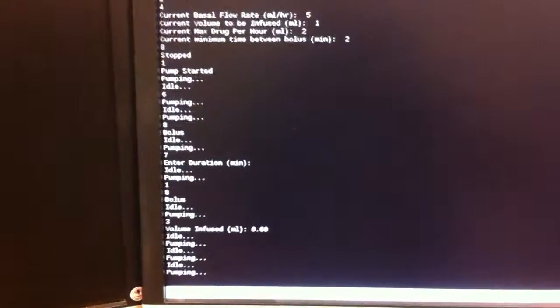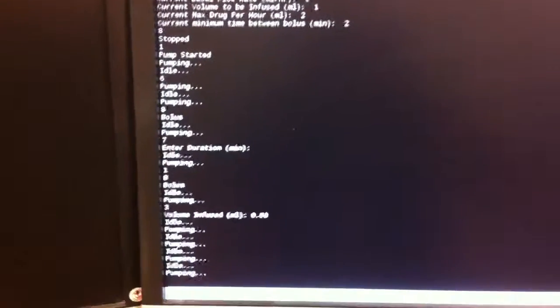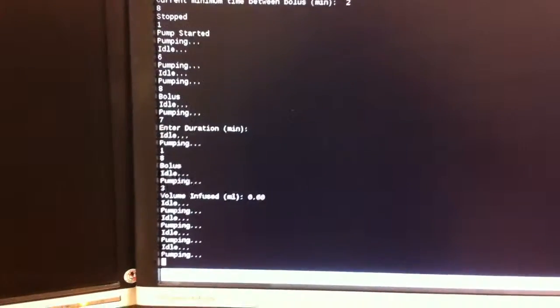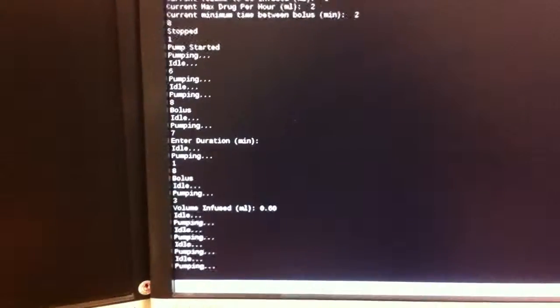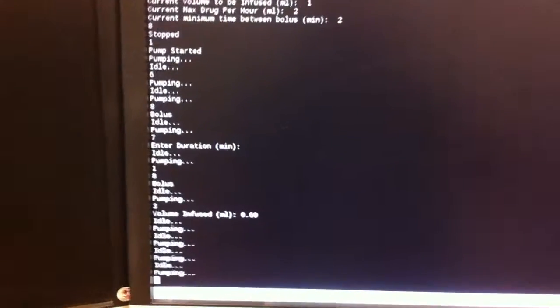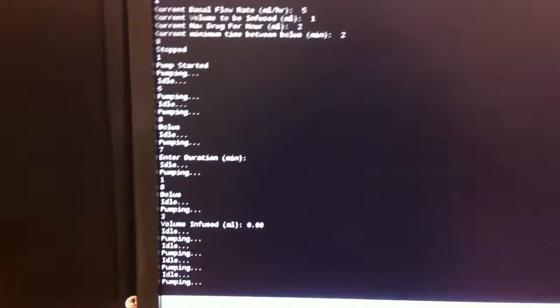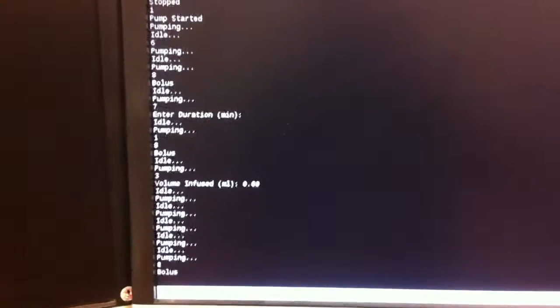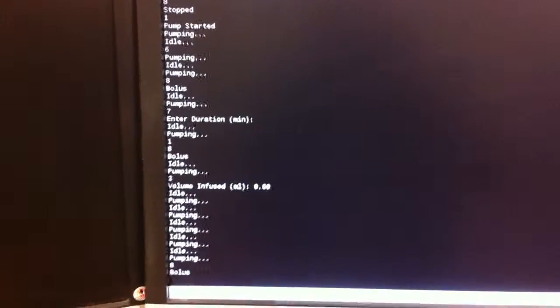So we need 5 more, and probably 4 more of basal infusion. So we wait for 14 increments, and then we should be in the clinician bolus mode. Check, it's still bolus, so everything is fine.